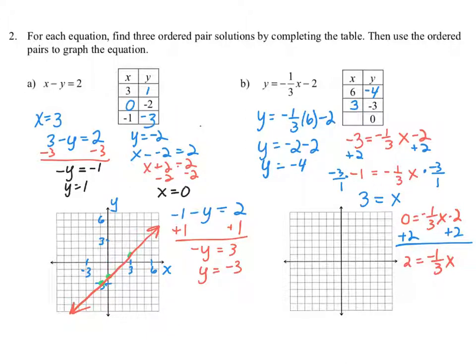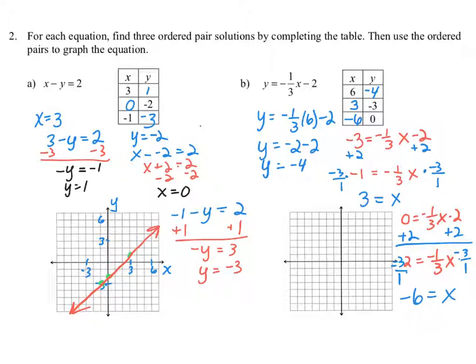We're going to multiply both sides again by the reciprocal, -3/1. So -3/1 times 2 is -6. And -1/3 times -3/1, those will divide out to give you just 1x. So x is equal to -6.